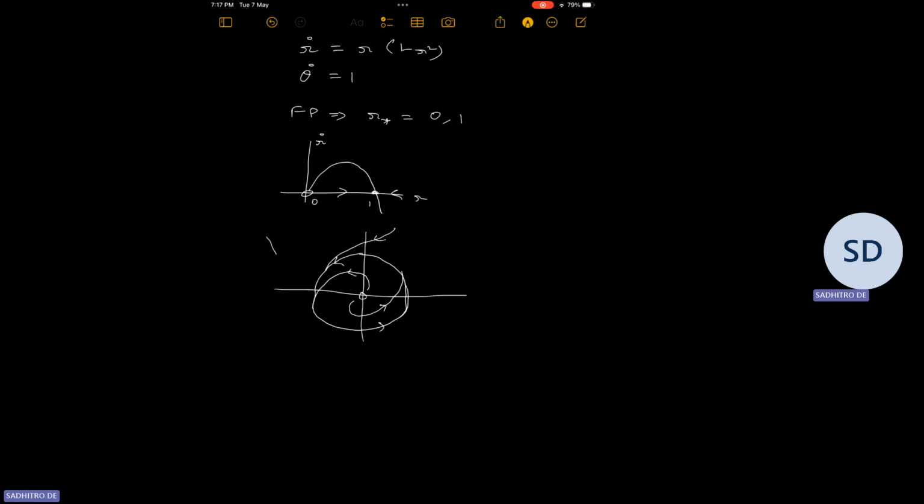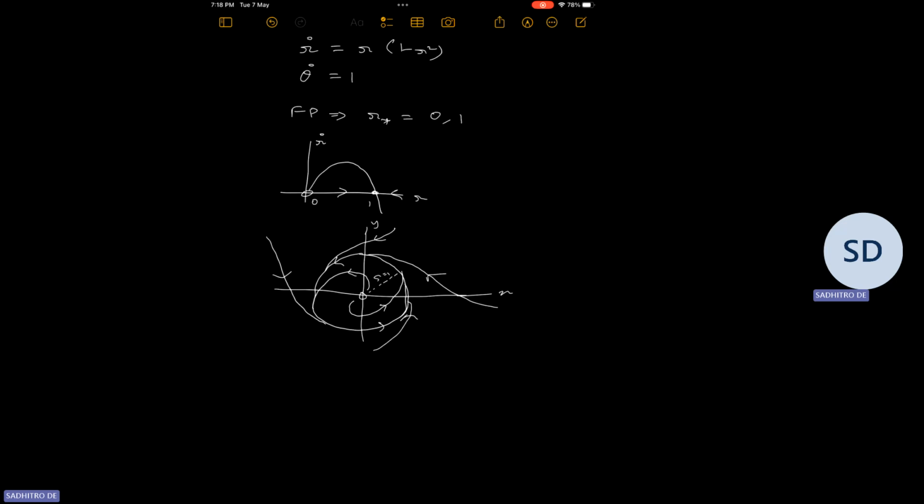Those trajectories starting from here will come like this, and so on and so forth. R equal to 1. And this is drawn in the xy plane. So you see that we get a stable limit cycle having a radius r equal to 1.